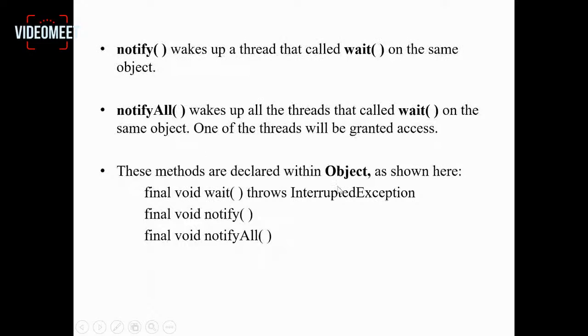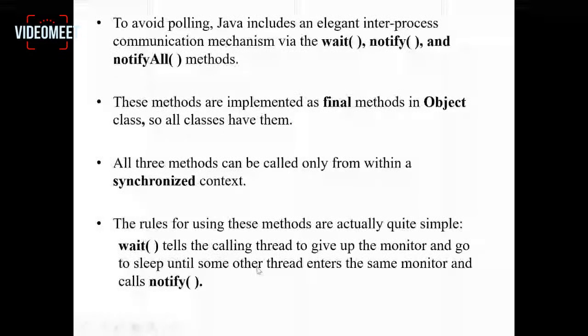That means once a thread is utilizing a shared resource, all the other threads which are requesting the same resource at that time will call the wait method upon this shared resource, and they'll be waiting until the first thread which is utilizing the shared resource completes its operation.